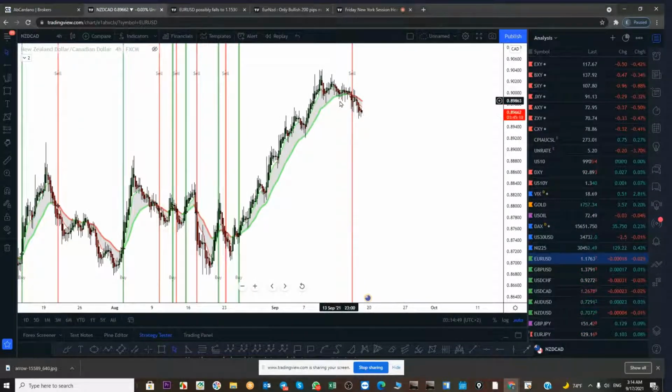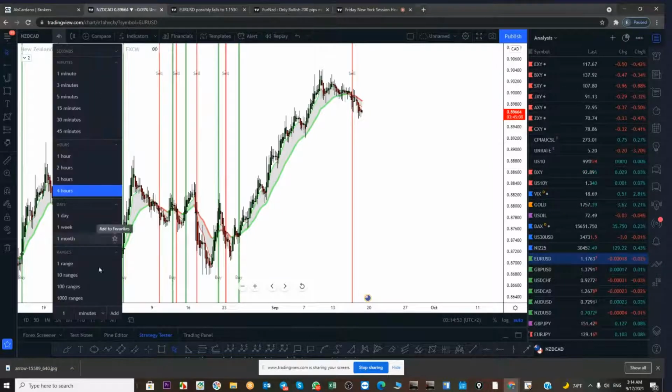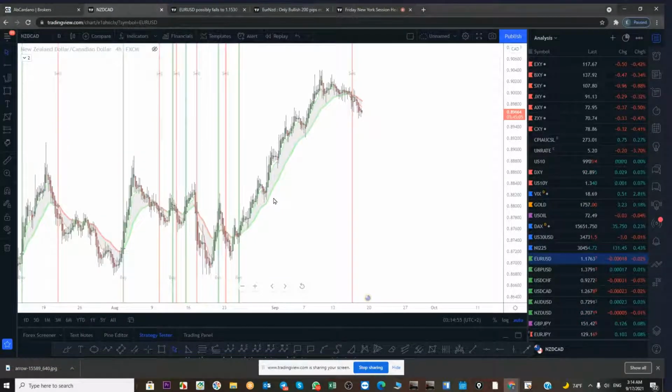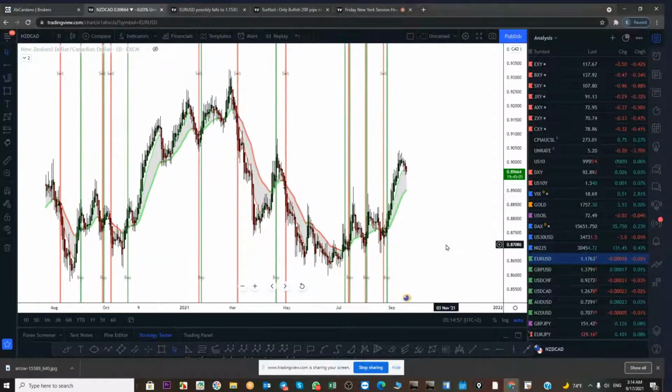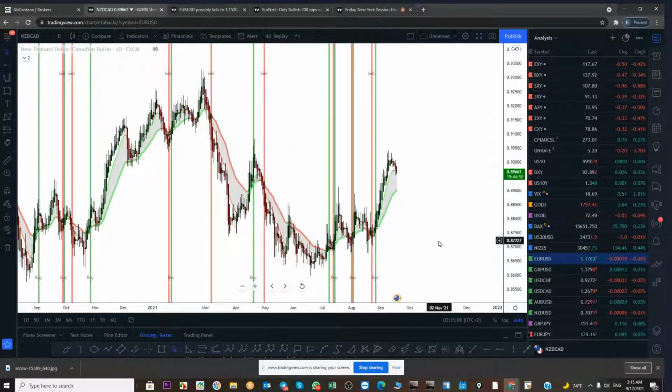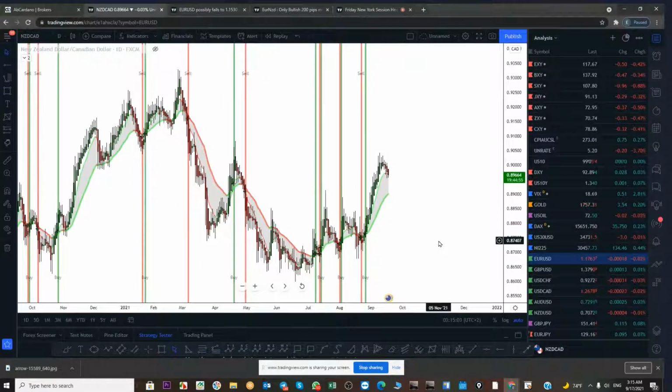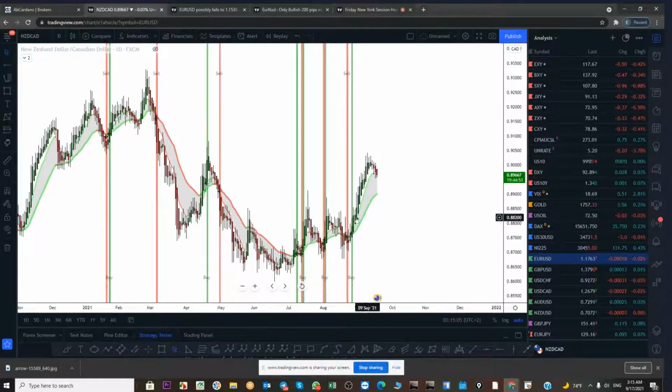I wouldn't go with this one too much. However, I can see it falling. See, with this one, what I can see actually, I can see right here. Let's just move this.